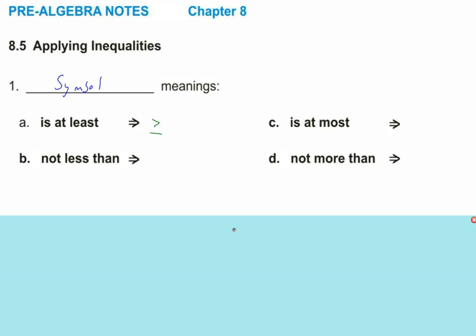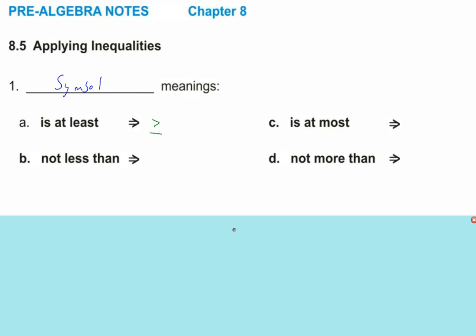What if I said, and most of you guys are what, 12 or 13? Both? 14 maybe? Anybody 14? Okay. So what if I said this? Allison is not less than 11. Would that be a true statement? Okay?